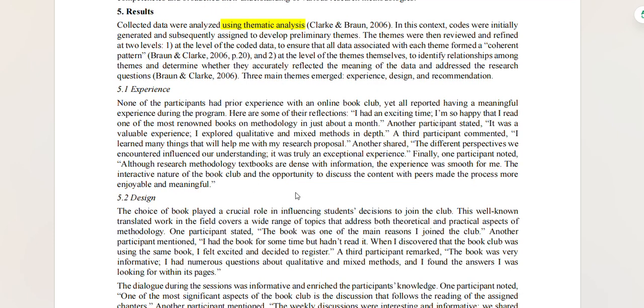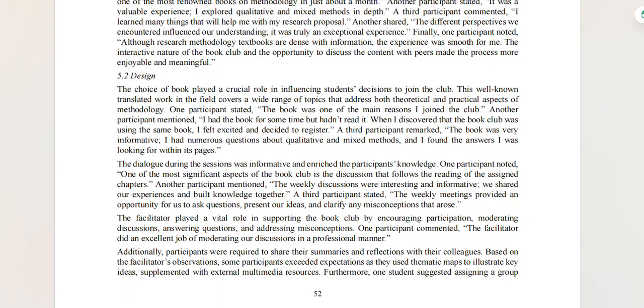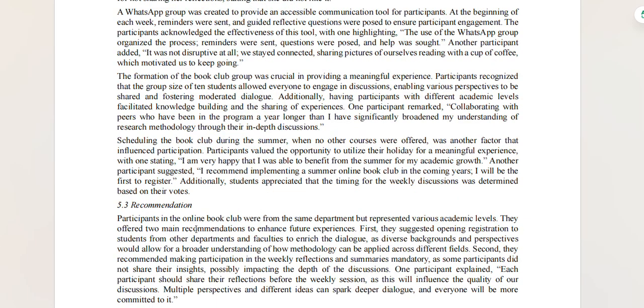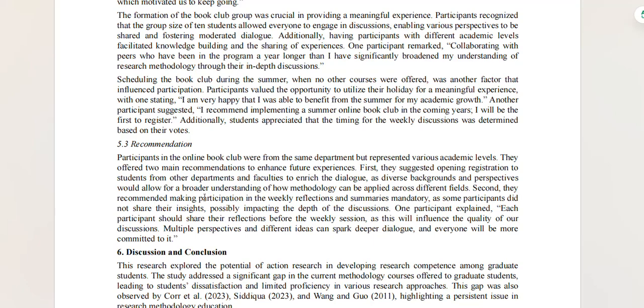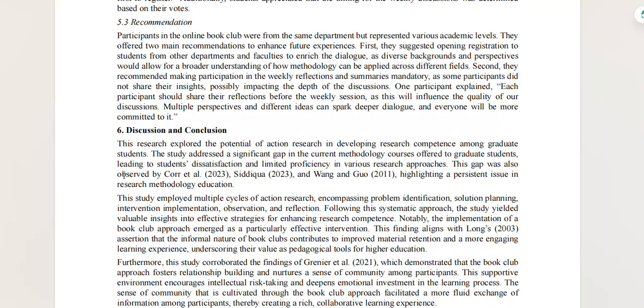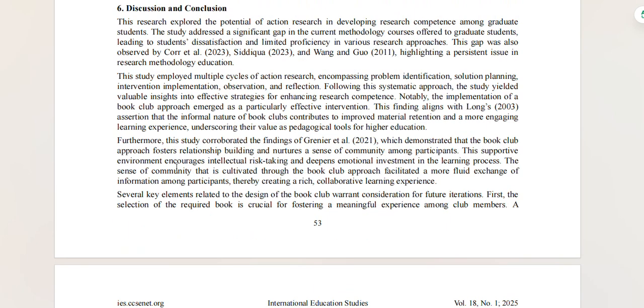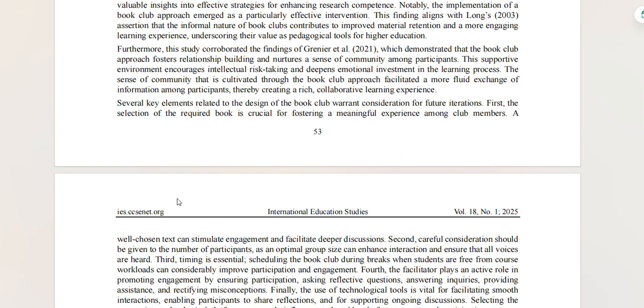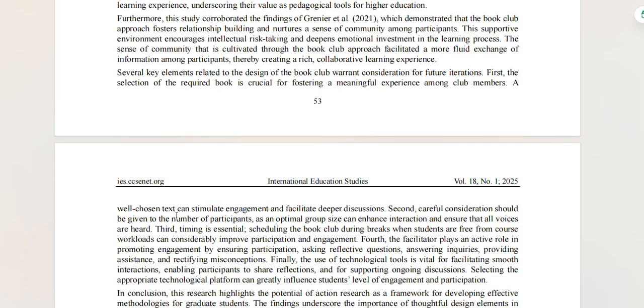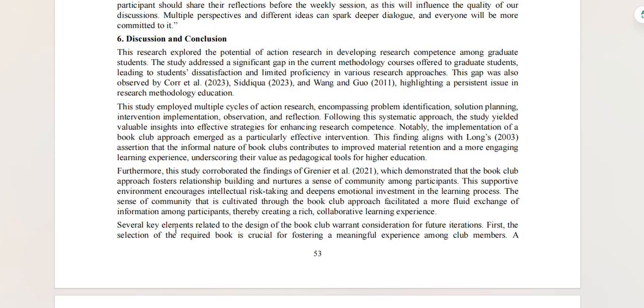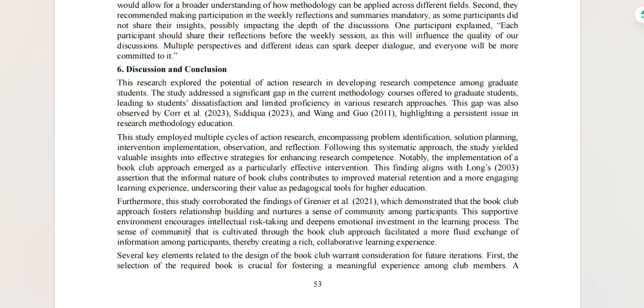Sixth, presentation of recommendations. Then the overall synthesis of findings. So thematic analysis allows researchers to understand not only whether an intervention worked, but also how and why participants experienced it in certain ways.